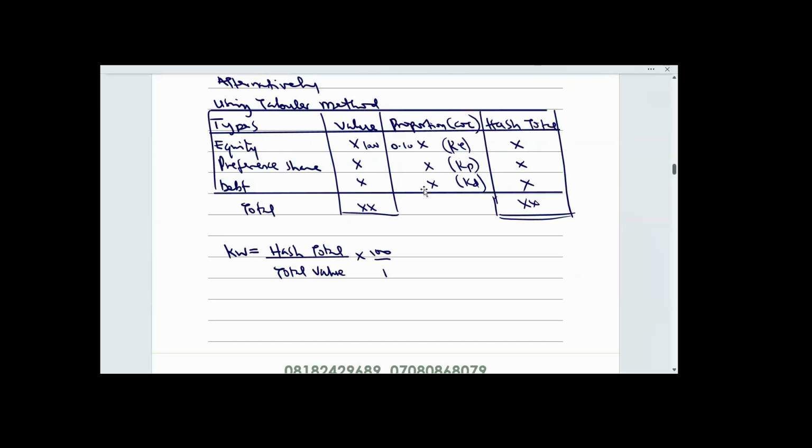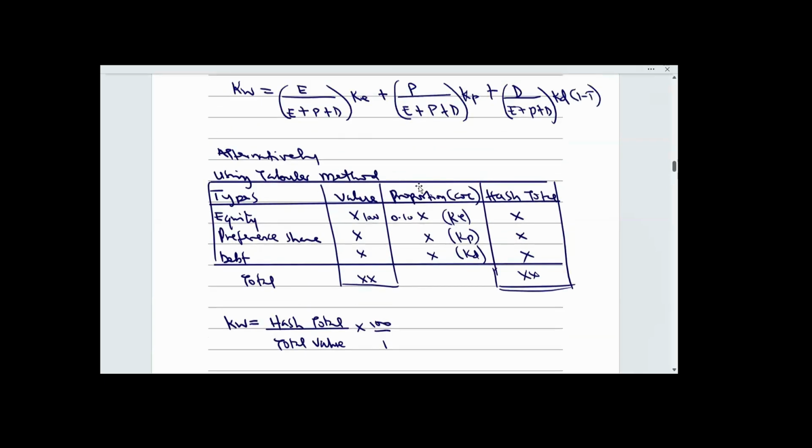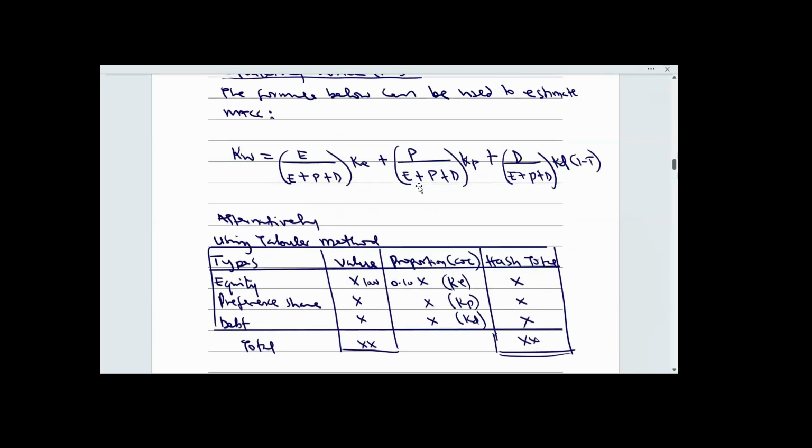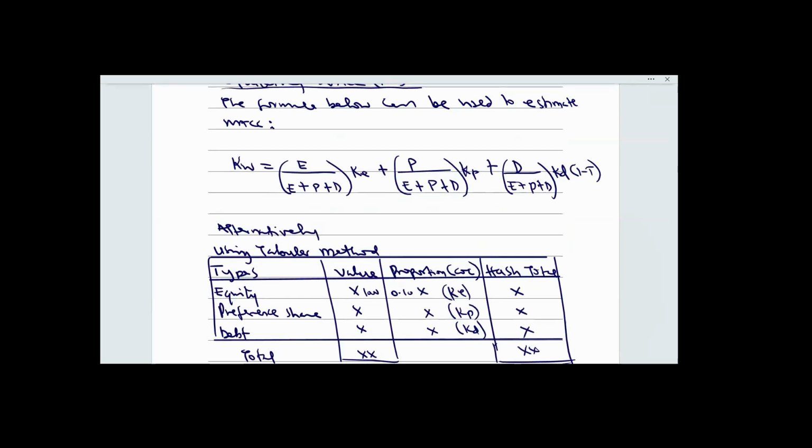So whether I use this tabular method or I use the formula, I'm expected to get the same answer as my WACC. So that is how to calculate the weighted average cost of capital.